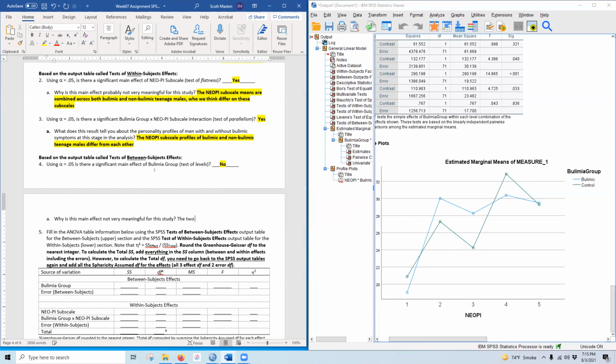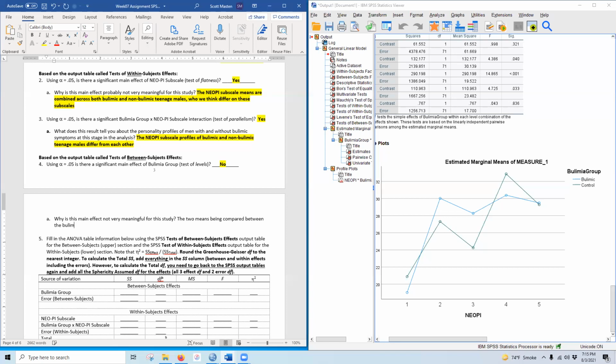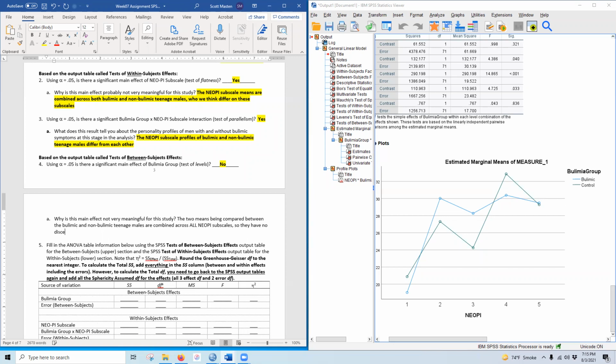The two means being compared between the bulimic and non-bulimic teens, teenage males, I guess is what I've been saying, are combined across all NEO-PI subscales. So they have no discernible meaning. There is no average personality. That kind of doesn't make sense.